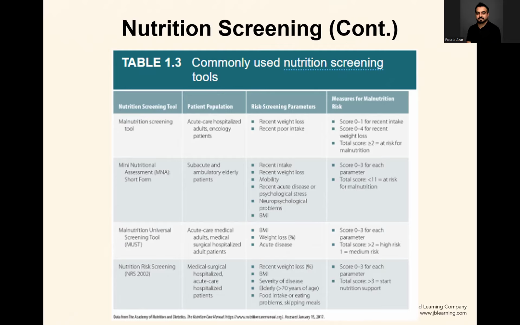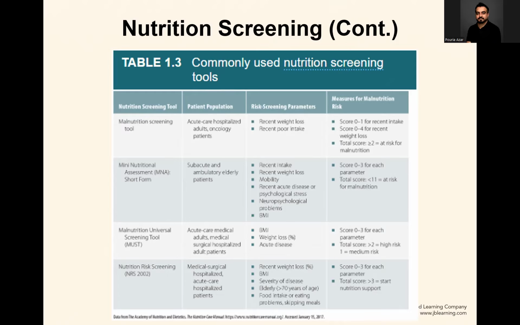Recent weight loss is among all of them. But for example, we have mobility only in the mini nutritional assessment. Mobility is a key risk parameter here because it is used in subacute and long-term care facilities, where the patients are mostly older adults, and they have different ways of measuring malnutrition risk.